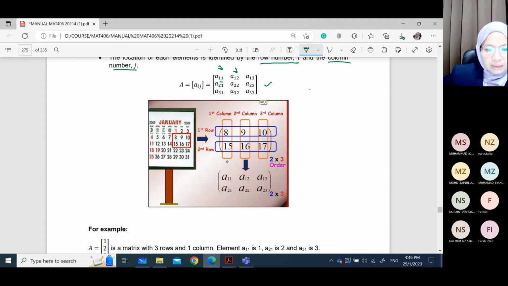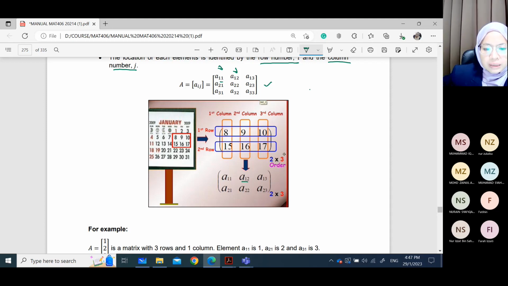So location for it is A11. So maksudnya location bagi number 8 adalah pada kolom pertama dan juga row yang pertama. Yang kedua ni location bagi number 9 adalah pada row yang pertama dan juga kolom yang kedua. Begitu juga dengan A13.